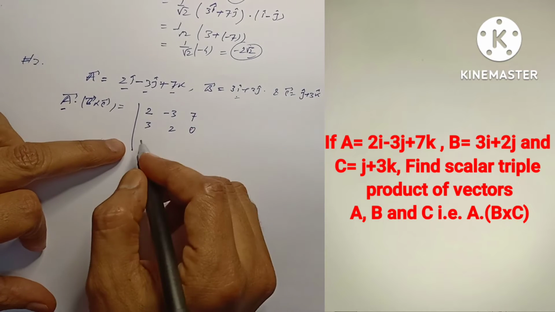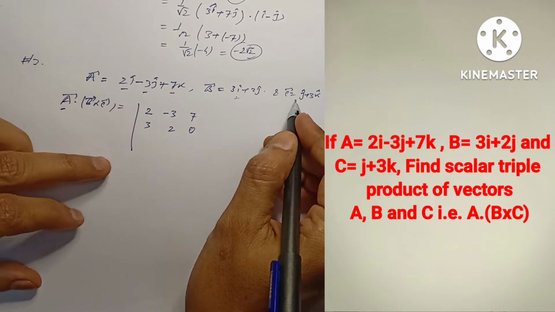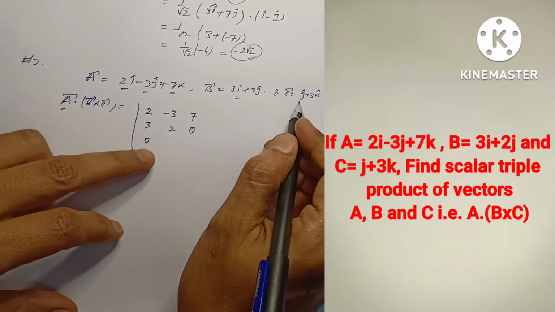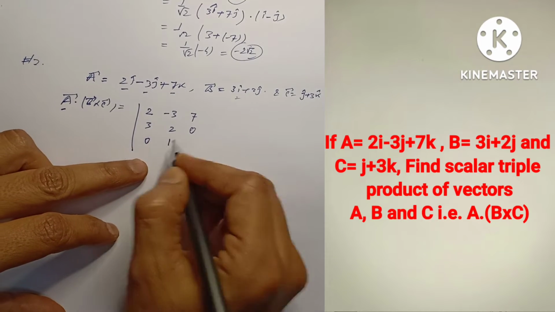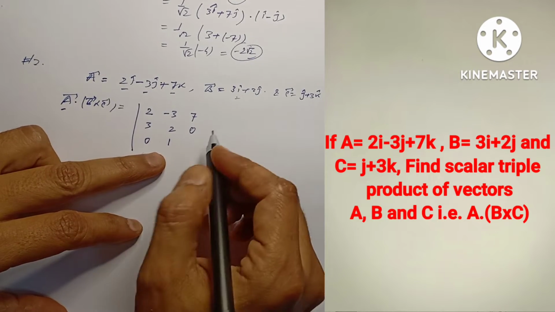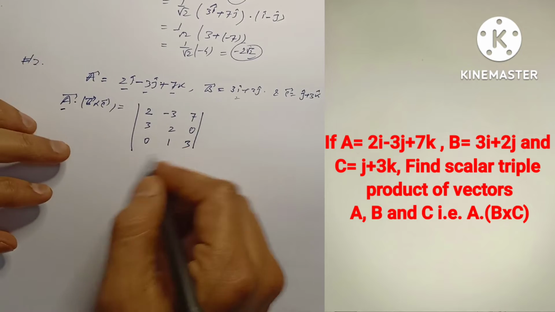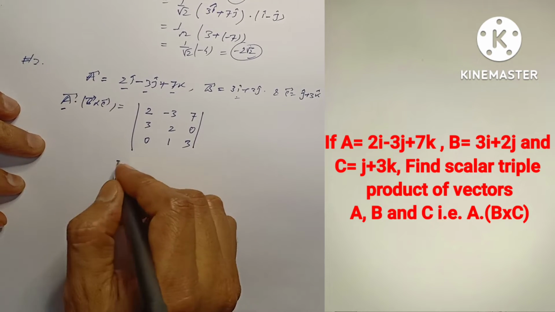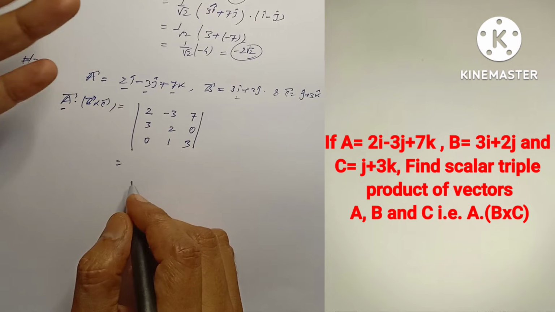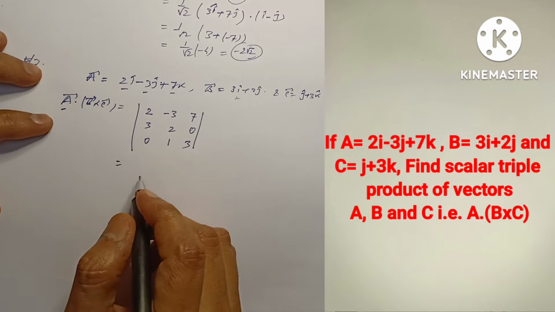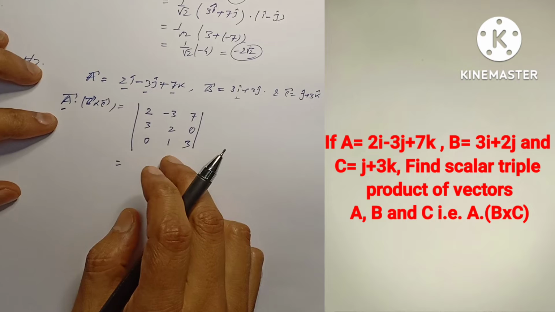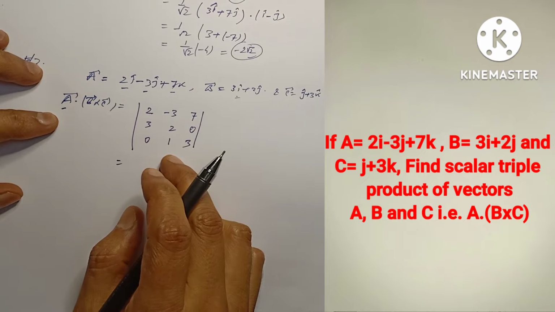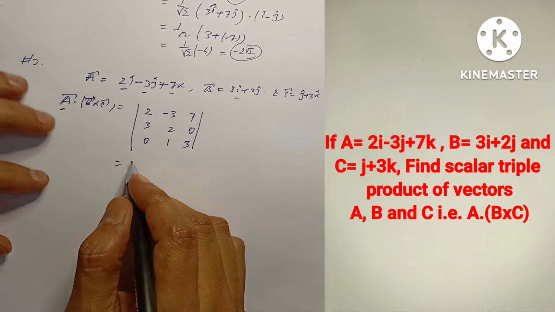And C components: with i there is 0, so 0 first, and the j component is 1 and the k component is 3. So find the determinant and we will get A dot B cross C. This is also called the vector scalar triple product. As it is a scalar quantity, it is called the scalar triple product.